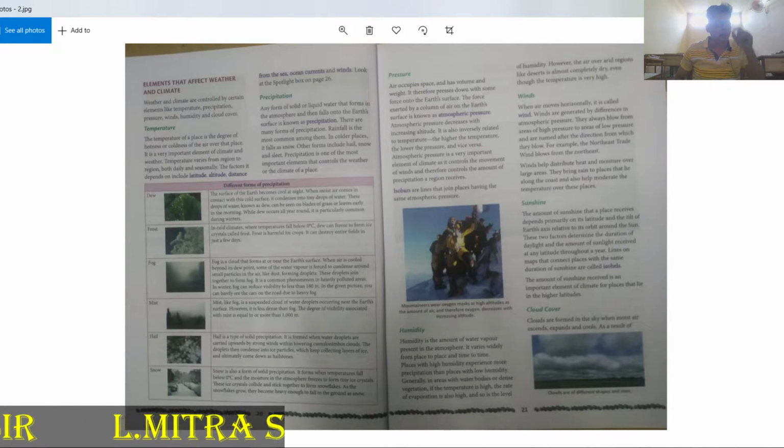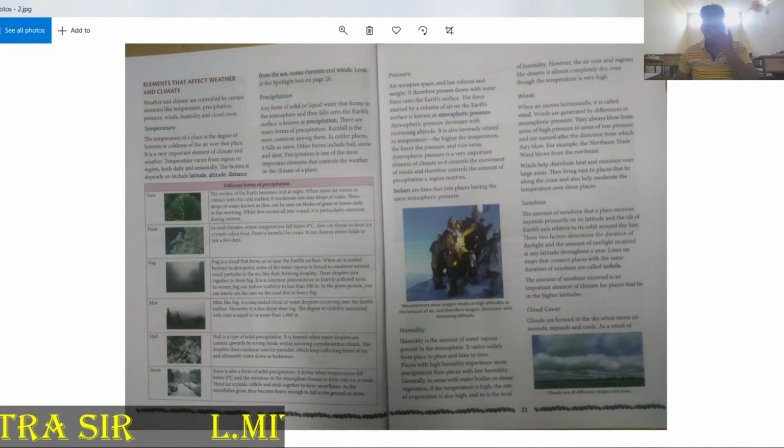The cities or states located near the sea, for example Gujarat, Mumbai, then Kerala, Karnataka, Goa, Tamil Nadu, Andhra Pradesh, these are coastal areas, and the range of temperature is very low as compared to Delhi.